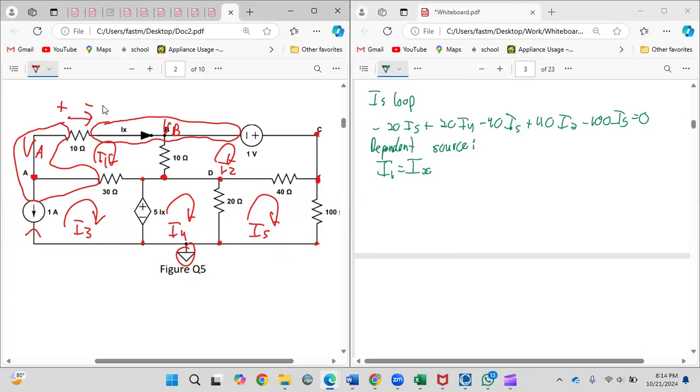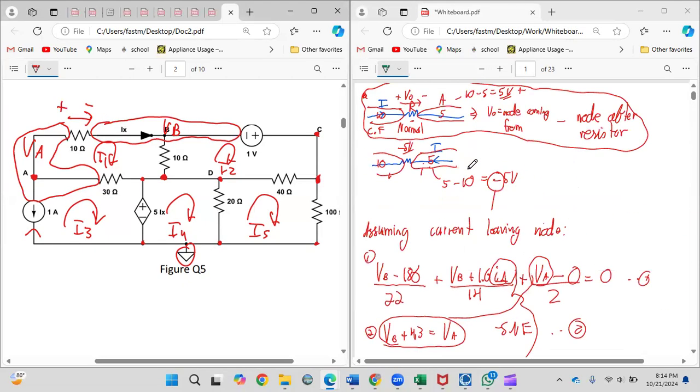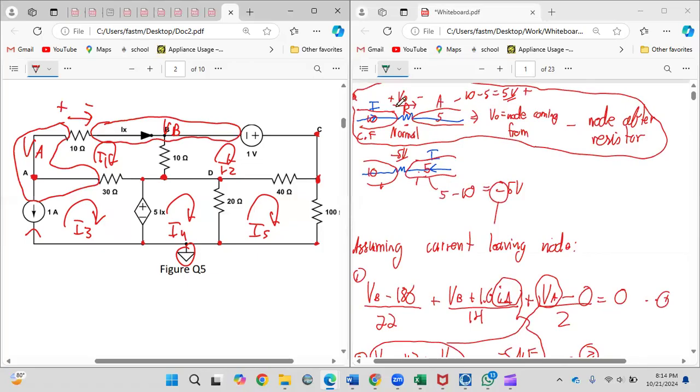So this falls straight in line with what I did up here. The current through here, if you were doing nodal, will be VA minus VB, where you're coming from, VA, minus the node after. Since you have current, it is divided by the resistor in between. So that will be Ix.